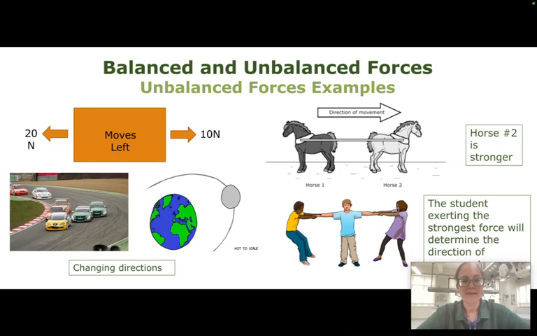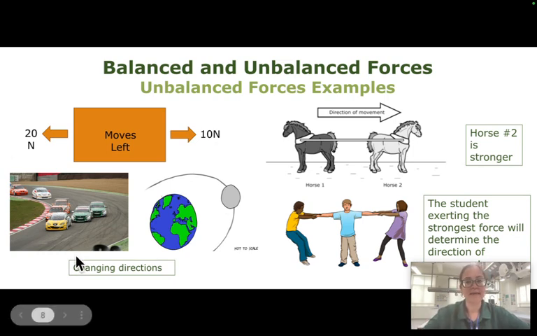So balanced and unbalanced forces, so these are more unbalanced force examples. So here we have 20 newtons to the left, we have 10 newtons to the right, so the amount or the magnitude of the forces are not equal because 20 and 10 are not the same number, and they're going in opposite directions. So this box or this orange rectangle is going to move to the left.